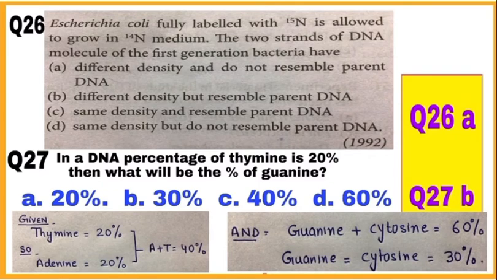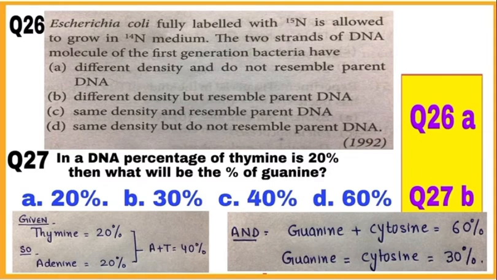So, correct option is A. The two strands of DNA molecule of the first generation bacteria have different density and do not resemble parent DNA. So, mark A as a correct answer.